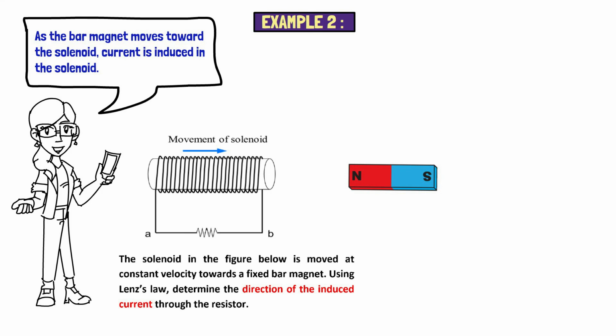Okay, so as the bar magnet move forward to the solenoid, current is induced in the solenoid. Ya, betul.